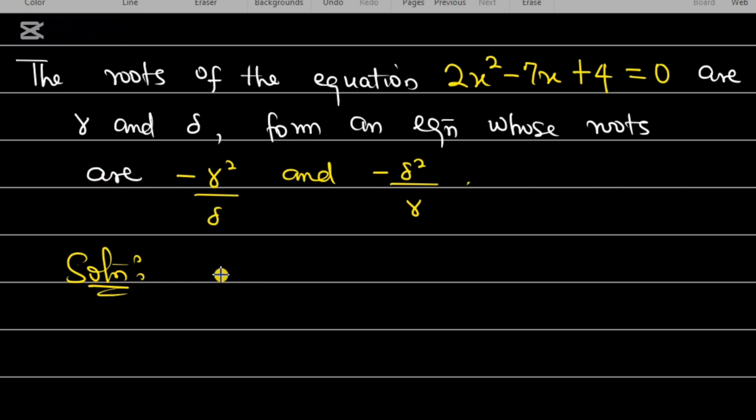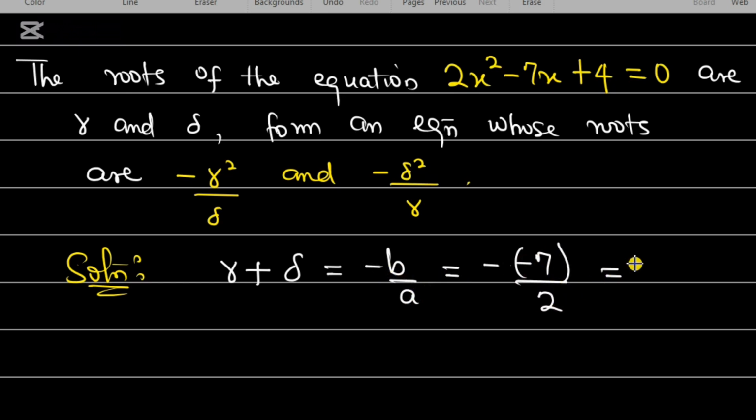And what's that relationship? The sum of roots is equal to minus b over a. And what is our b here? Our b is minus 7, all over our a, which is 2. And so the sum of those roots would be 7 over 2.